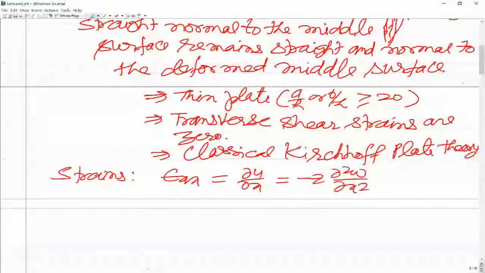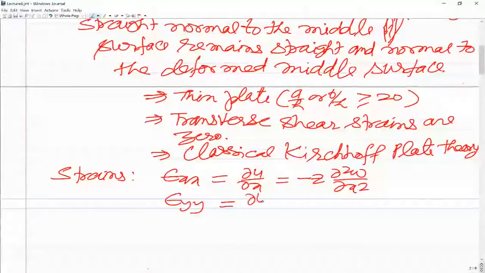This is similar to the Euler-Bernoulli beam theory, where epsilon xx is minus z into d2w by dx square if you take z along the thickness direction, or minus y into d2w by dx square if you take y along the thickness direction.